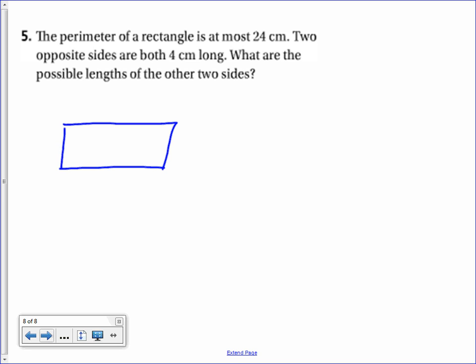And we should be thinking, okay, I've got the perimeter of a rectangle. We know that that's at most 24. So we have perimeter is equal to 2L plus 2W. So I know that I've got 24, and it's at most 24. So I cannot go over 24. So this stuff over here has to be less than it, okay?